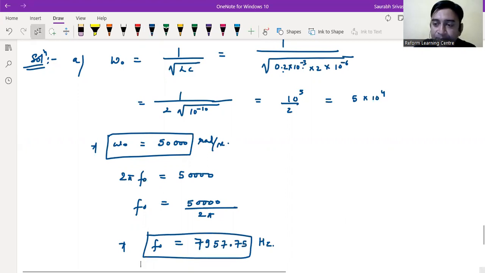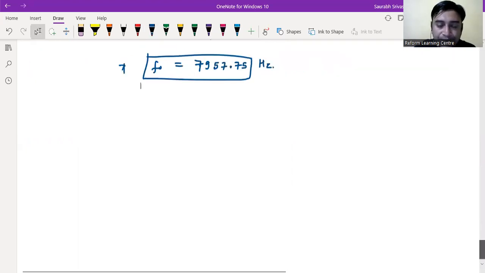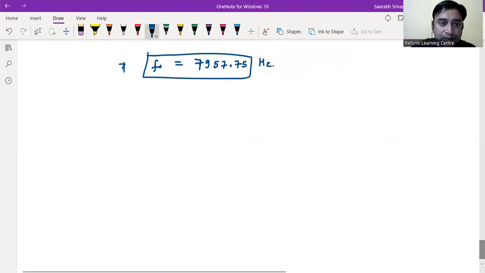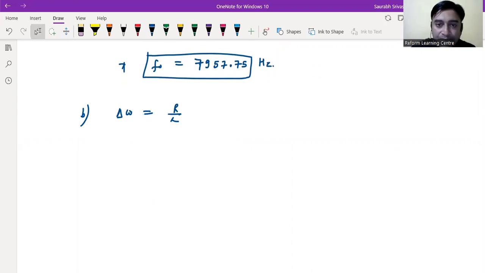Next क्या पूछा आपसे? Bandwidth. Yes. What is delta omega? ये फॉर्मूला आपको याद होना चाहिए, तो फिर परेशान हो जाते हैं फिर आप. Delta omega is R by L. What is R? 2. And L is 0.2 into 10 to the power minus 3. Delta omega will be 10 to the power 4.